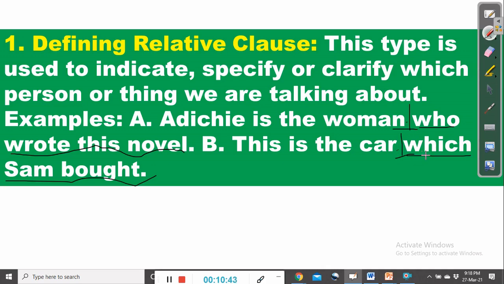It provides the specific information, the information that specifies or defines the person or thing being talked about. This is the car. Which car? The car which Sam bought. So that is exactly what the defining relative clause is all about. It gives us information that defines the person or thing we are talking about.